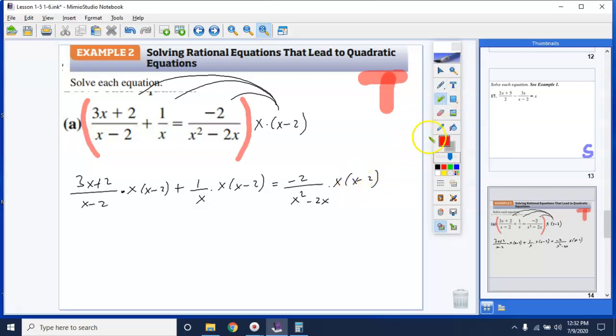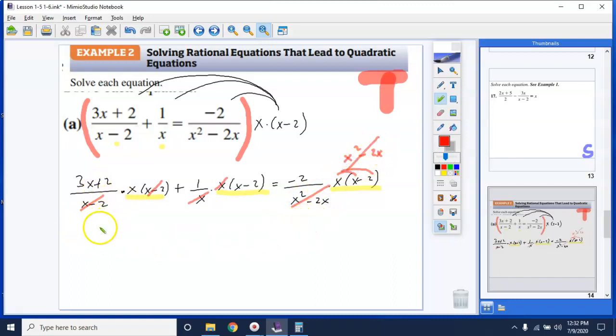But I want to show you that I multiplied every single term by this because my denominators are x minus 2 and x. Now something will cancel each other. x minus 2 cancel, right? Here x and x cancel each other. But I want to show you this, guys. If I multiply this one, what do we get? x squared and 2x. Those will cancel each other as well.